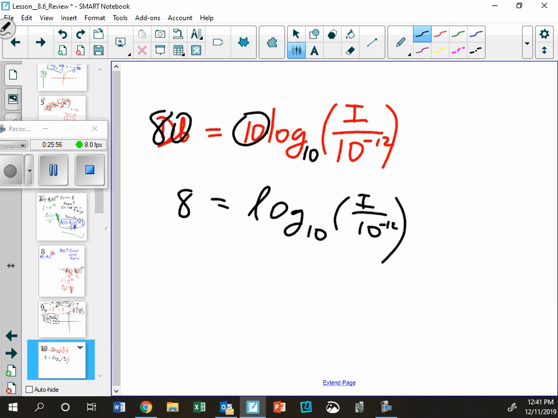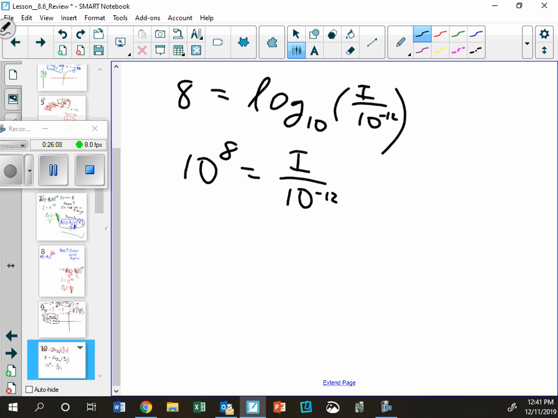Now, man, kind of stuck. What are you thinking? Rewrite. 10 to the 8 equals I over 10 to the negative 12. Is I alone yet? No. You could multiply both sides by 10 to the negative 12. Or could graph both sides, see where they cross? Absolutely. I'm going to just multiply both sides by 10 to the negative 12.